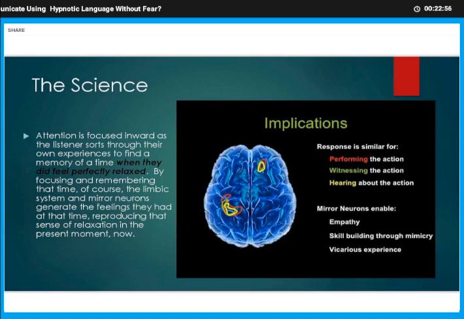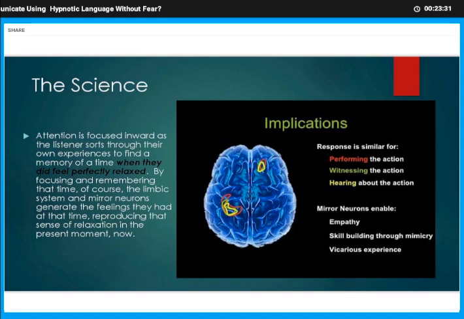Let's talk a little bit about the science of this. If you look at the diagram, it's kind of hard to see because some of these little drawings overlap one another. But you'll see a red circle, a green circle, and a yellow circle on both sides, the left hemisphere and the right hemisphere of the brain. You'll notice that all three of these areas, where it's been outlined and circled, are overlapping.